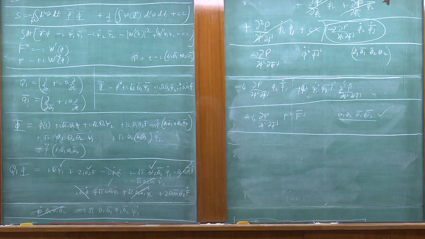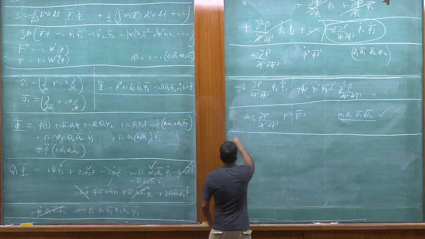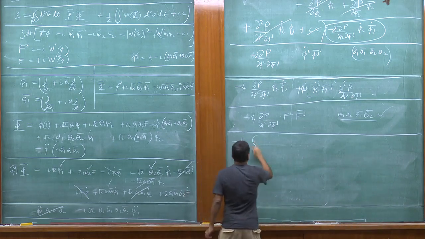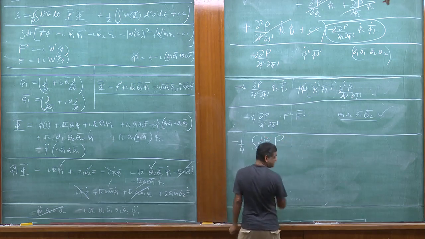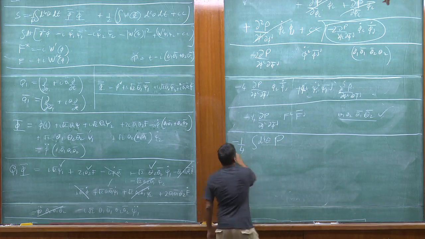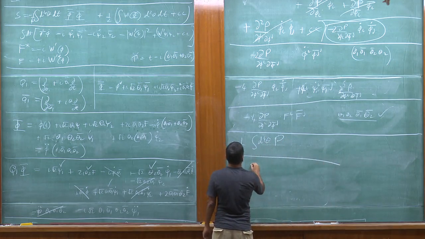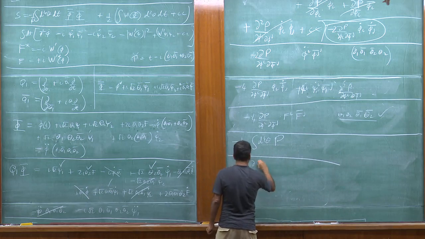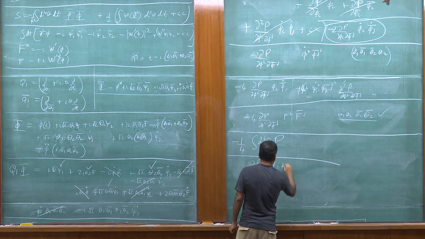Okay. So now when we write down minus 1/4 integral d4 theta p, this will be what? It will be del p by del phi I del phi bar j, phi I dot phi j bar.